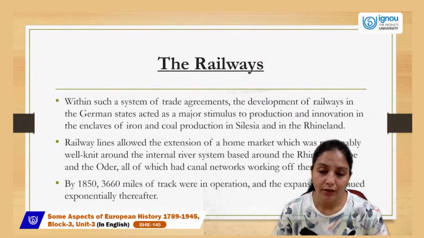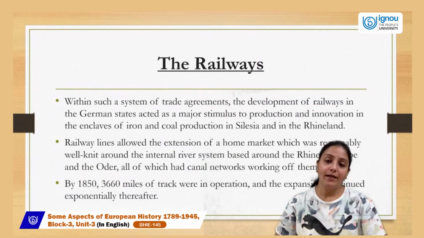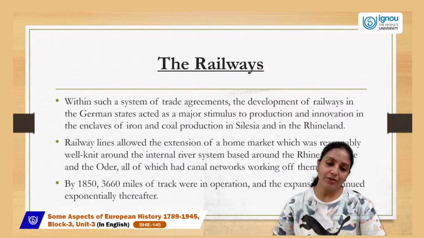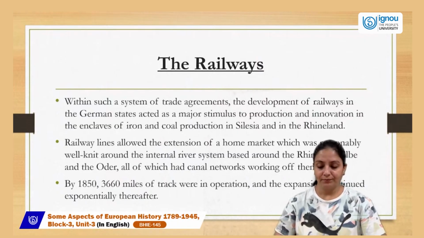If we are discussing the history of Europe, then we are talking about the railways and a time period like 1850, with 3,660 miles of track in operation, and the expansion continued exponentially thereafter.